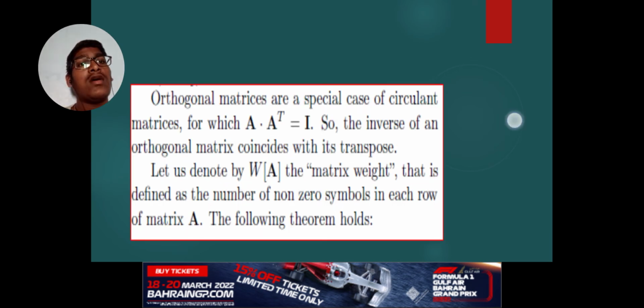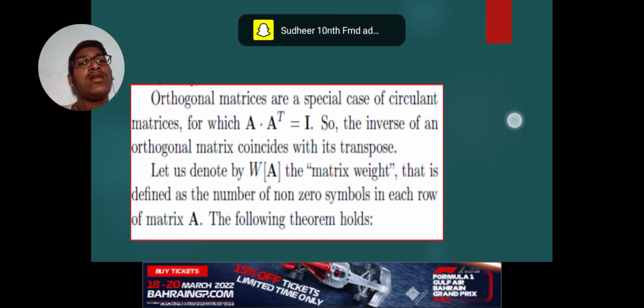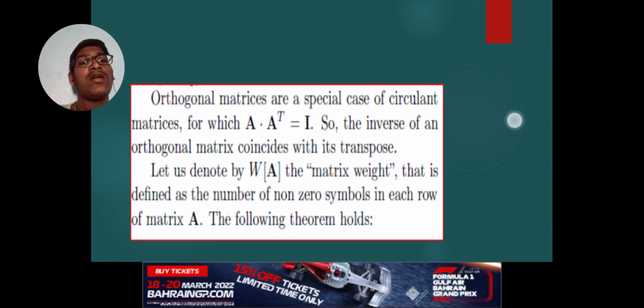Orthogonal matrices are a special case of circulant matrix for which A times A transpose equals I. So the inverse of an orthogonal matrix coincides with its transpose. Let us denote by W(A) the matrix weight, defined as the number of non-zero symbols in each row of matrix A. The following theorem holds.